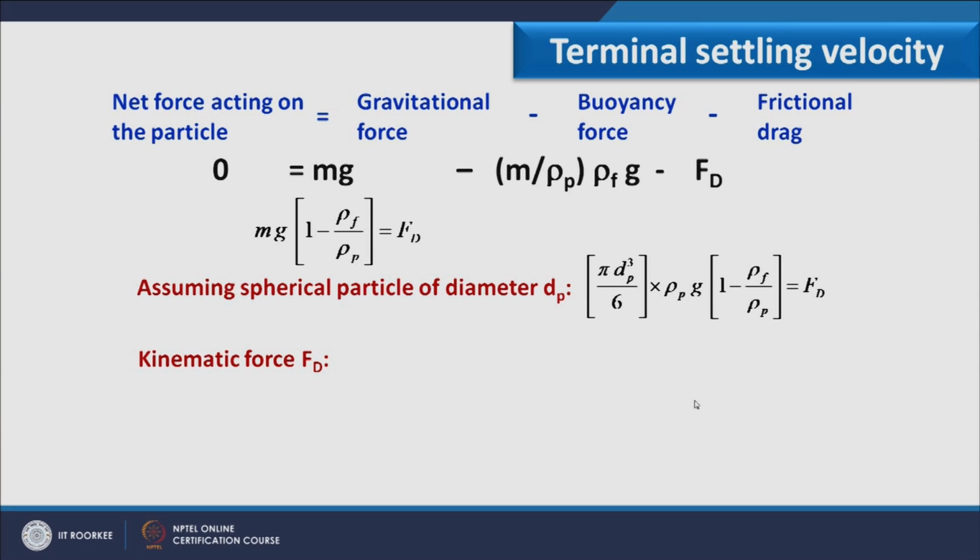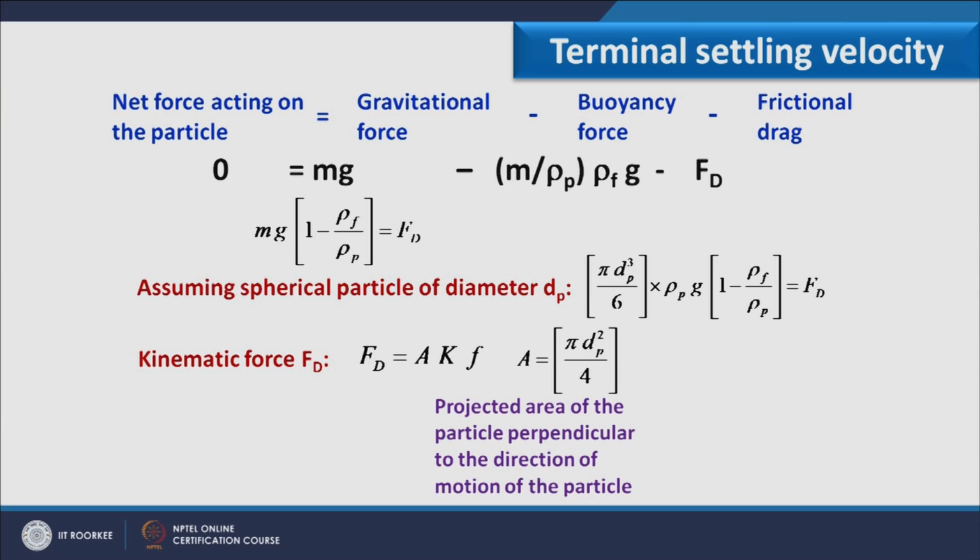Further, we can consider the kinematic force, which we have represented as Fd. So, Fd we can write as A into K into f. Now, what is this A into K into f? A is the projected area of the particle perpendicular to the direction of motion of the particle. So, A we can represent as the area of the spherical particle, which is pi dp square by 4.